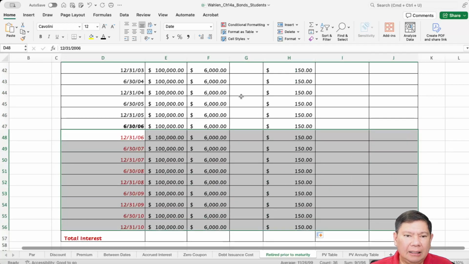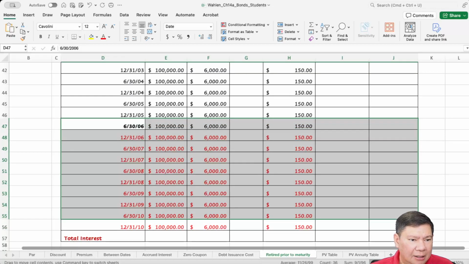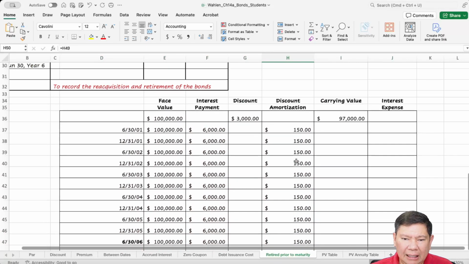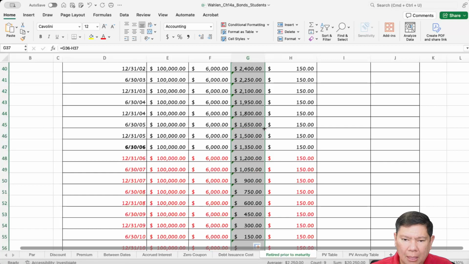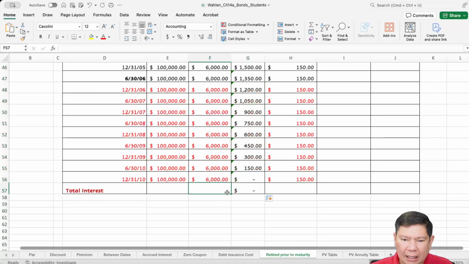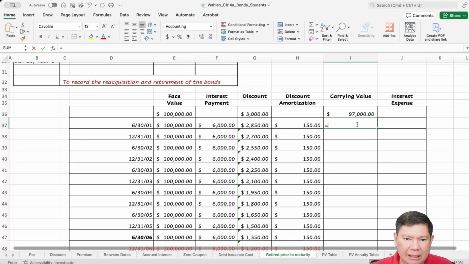I put in red all the information after the call date. We don't really need that. So the discount will go down with the amortization. Okay, so you see this goes down to 0. And the carrying value is the face value minus the discount balance.